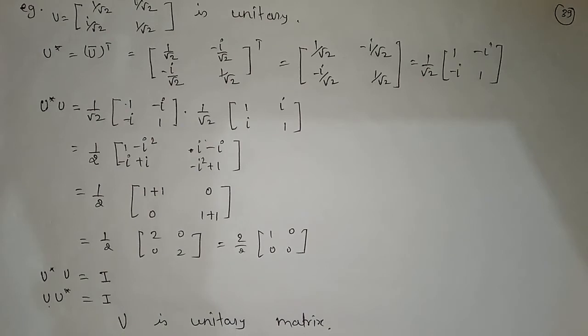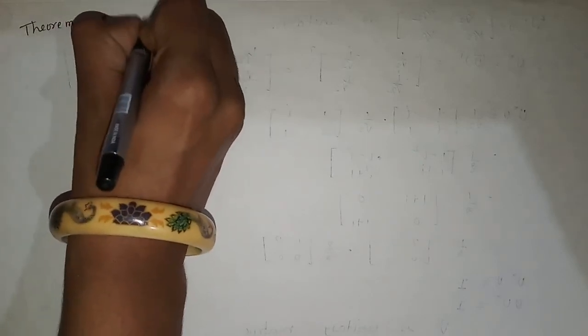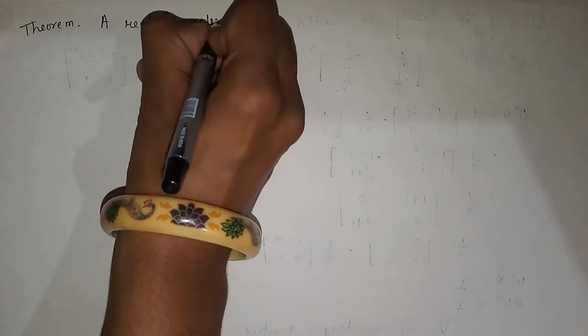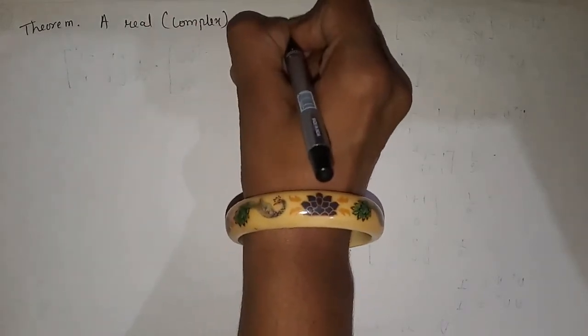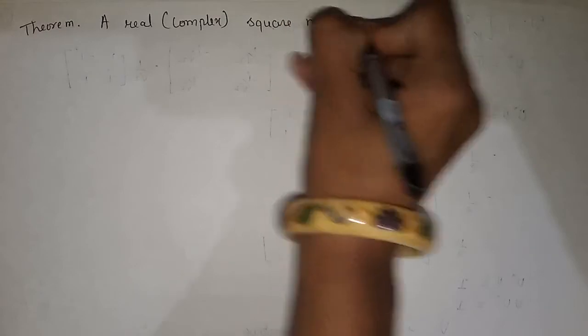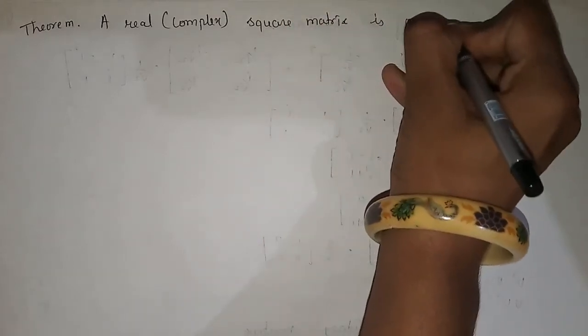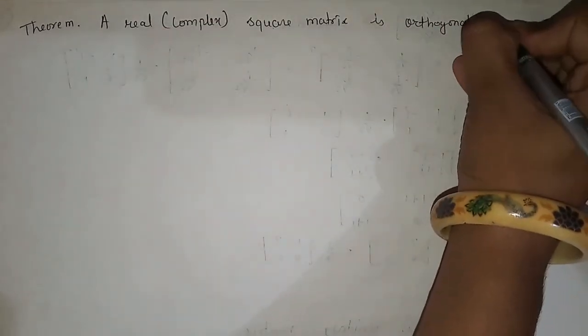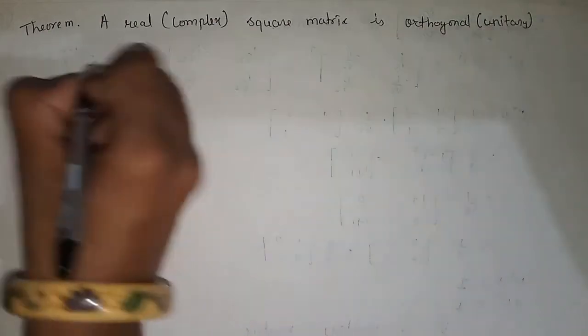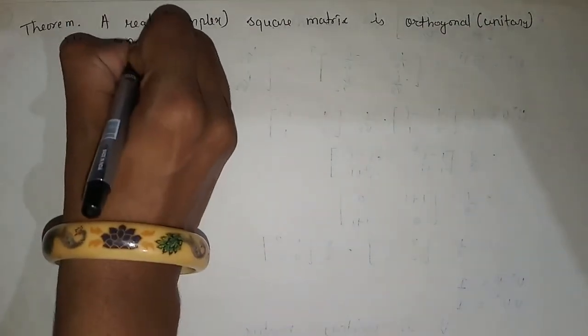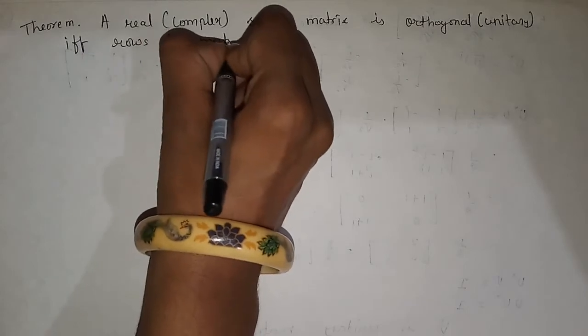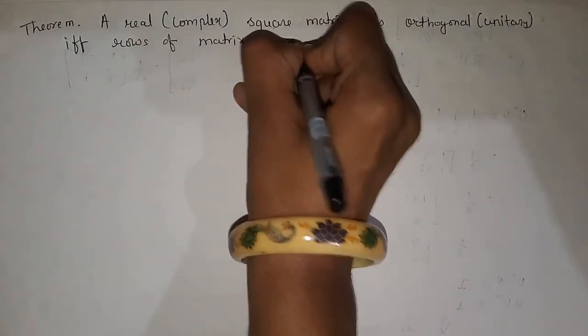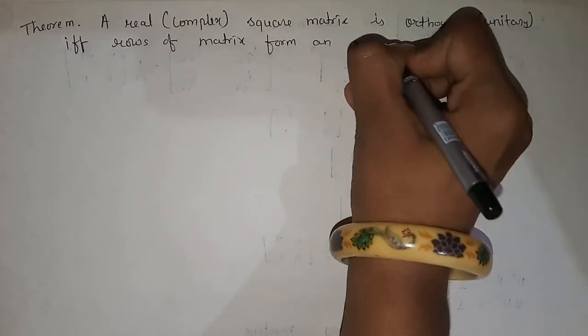Now we have a theorem based on this. Theorem: a real or complex square matrix is orthogonal, in case of real it is orthogonal, and in case of complex it is unitary, if and only if rows of the matrix form an orthonormal set.